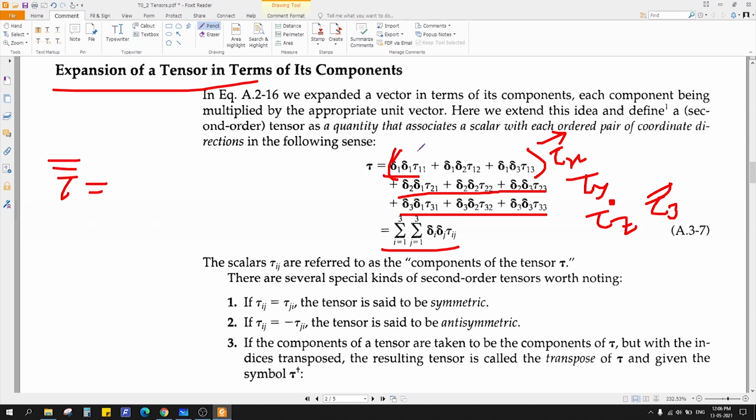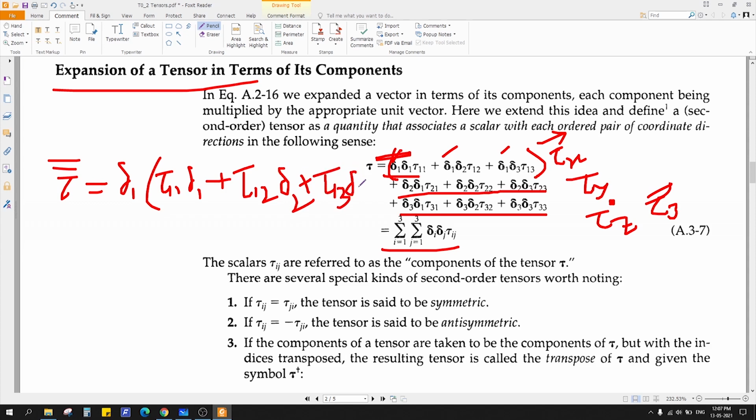So if you see the first one, this is delta 1. Since you have to respect the order, you have delta 1. Okay, then you can write the components: tau 11 delta 1 plus tau 12 delta 2 plus tau 13 delta 3, right?